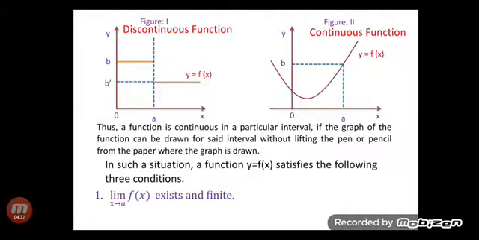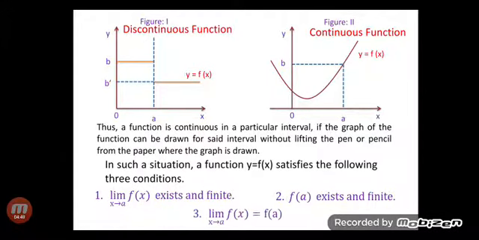Condition number 1: the limit of the function f(x) exists and is finite when x tends to a. Condition 2: the value of the function exists and is finite at x is equal to a, and the limit value and functional value are both the same at x is equal to a.